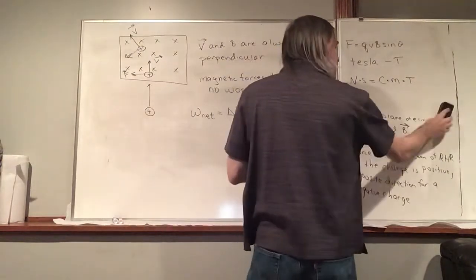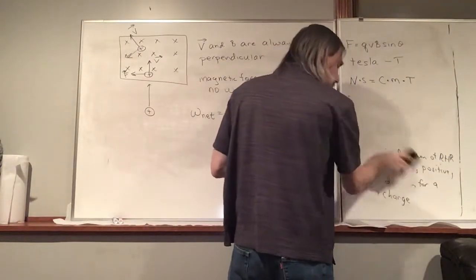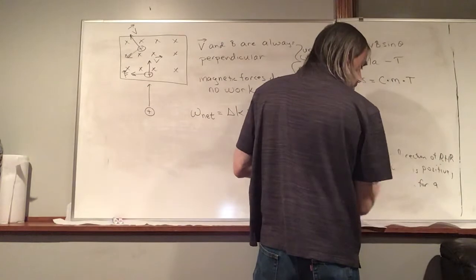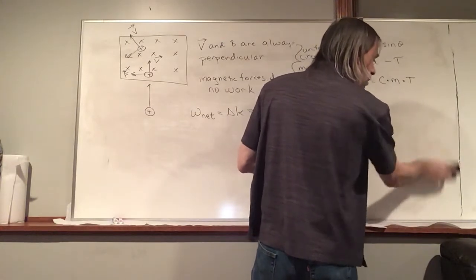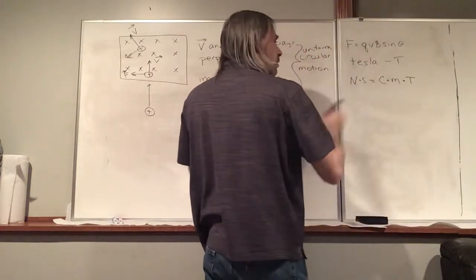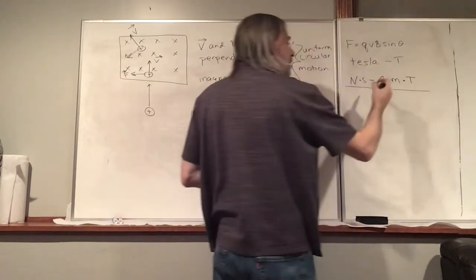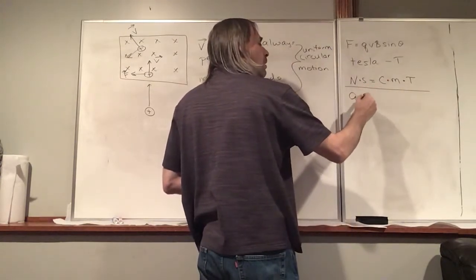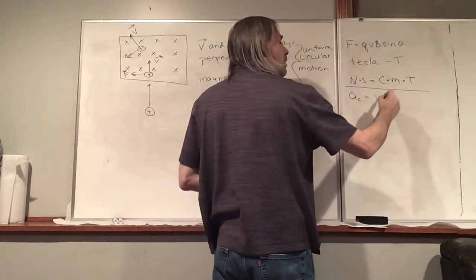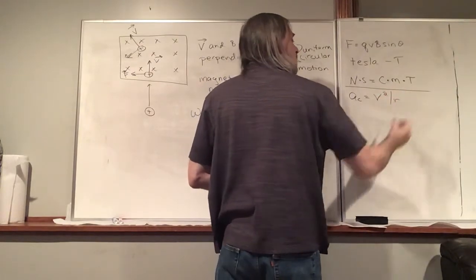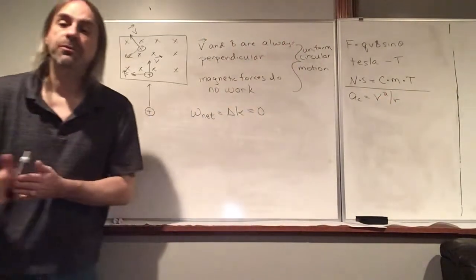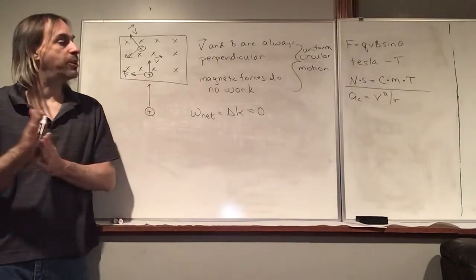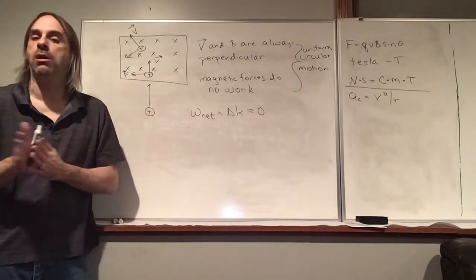So I'm going to erase this. Going all the way back to 121, remember the acceleration, or at least the magnitude of the acceleration, for uniform circular motion is v squared over r.